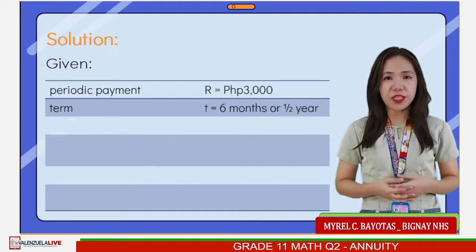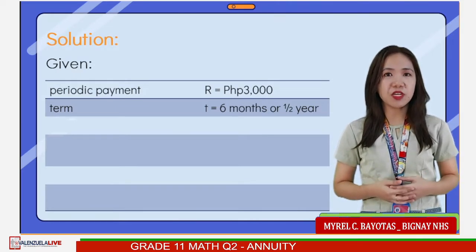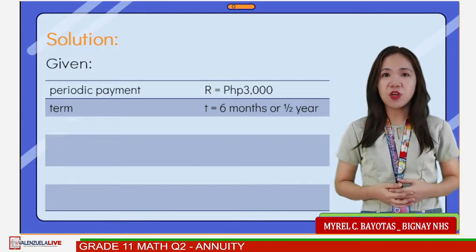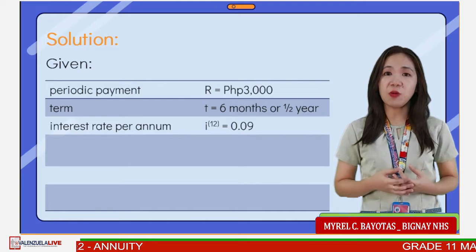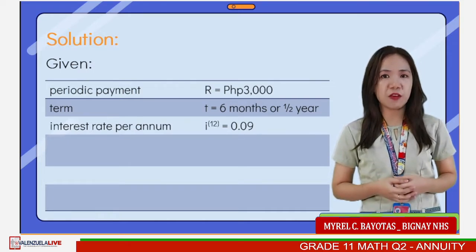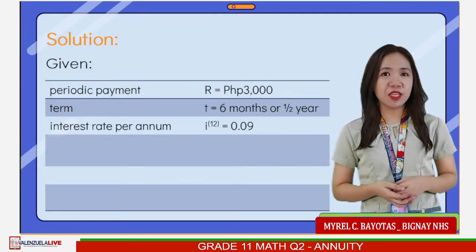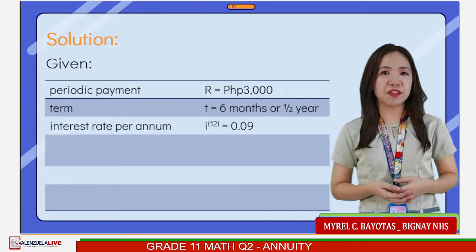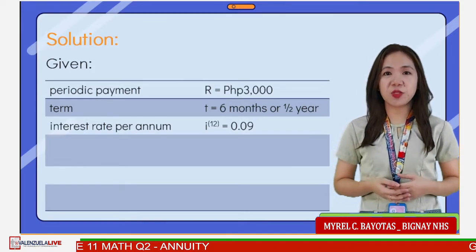Since the given rate is 9%, the interest rate per annum, or per year, is 0.09. We converted 9% to decimal by simply dividing it by 100, or by moving the decimal point 2 places to the left. And since the fund will be compounded monthly, the number of conversions per year is M equals 12. That is because there are 12 months in a year.